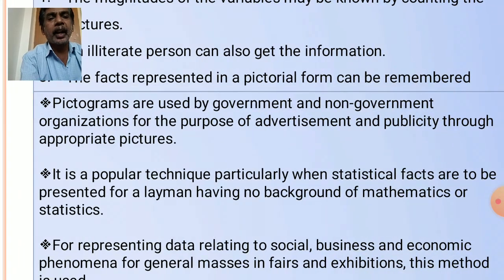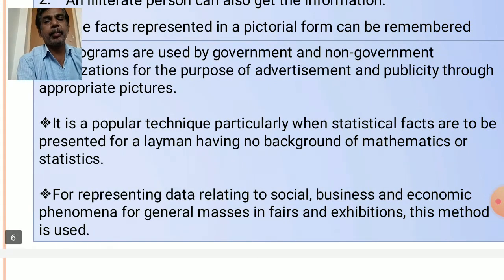Pictograms are used by government and non-government organizations, NGOs, for the purpose of advertisement and publicity through appropriate pictures. Because even people with less knowledge in statistics can understand them, cartograms and pictograms are most suited for representing data and for advertisement and publicity.